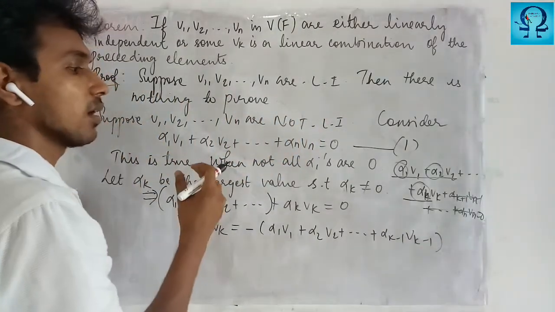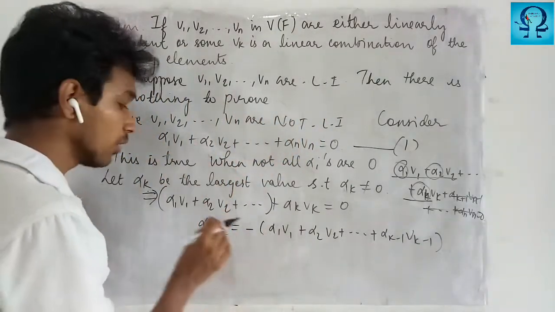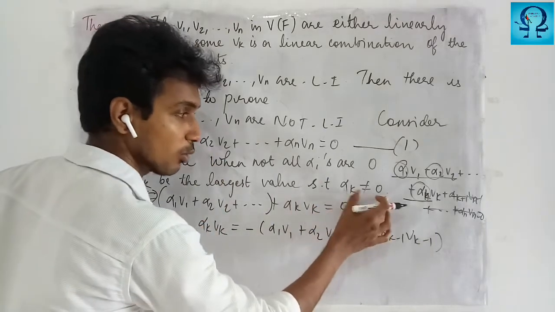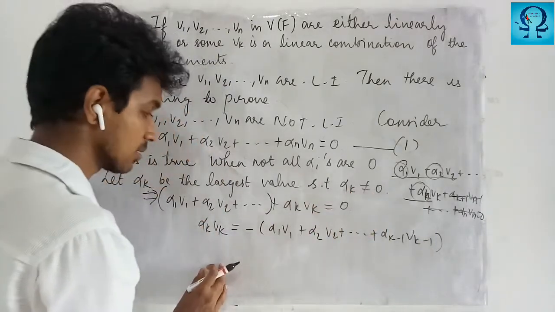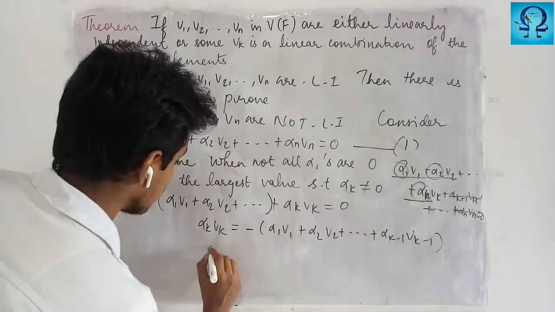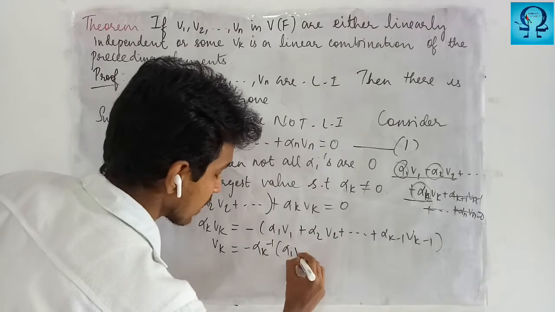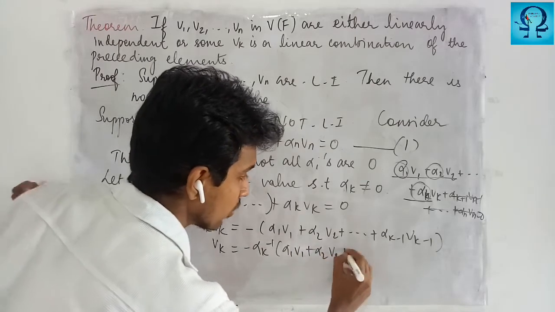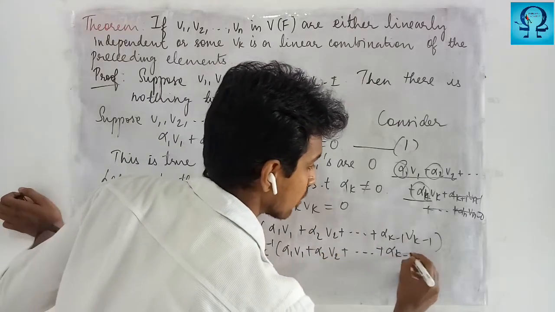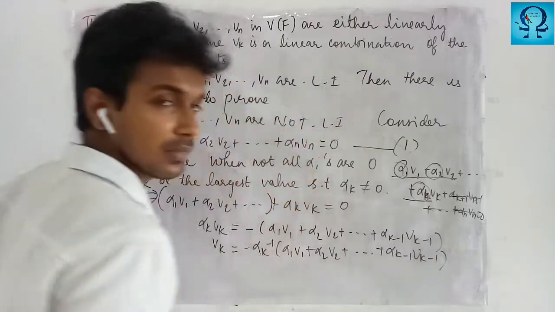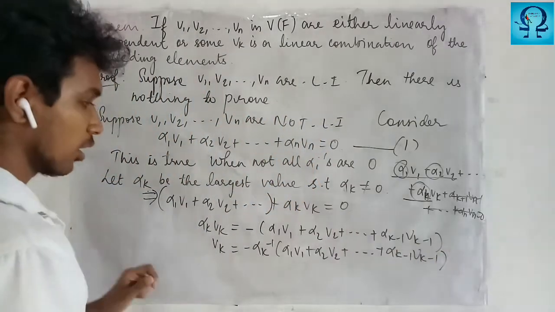Now I operate the multiplicative inverse of this alpha k, because it is assumed to be non-zero, so the multiplicative inverse exists, and I apply that on both sides. So I will have vk to be minus alpha k inverse times alpha 1 v1, alpha 2 v2, going till alpha k minus 1 vk minus 1, right? So this is going to be the case.